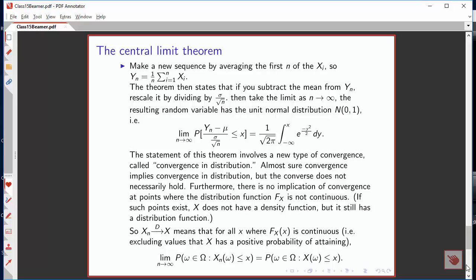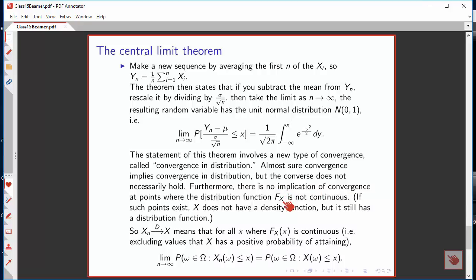Now this statement unfortunately involves a new type of convergence, which is known technically as convergence in distribution. If we have almost sure convergence, convergence except on a set of measure 0, that implies convergence in distribution, but this doesn't work both ways around. So convergence in distribution does not imply almost sure convergence.